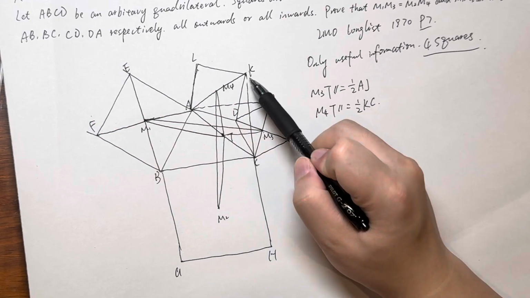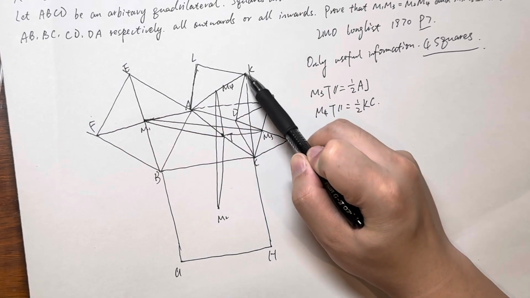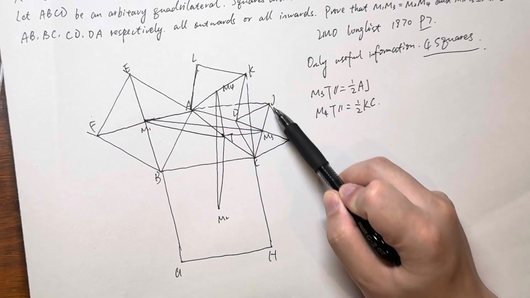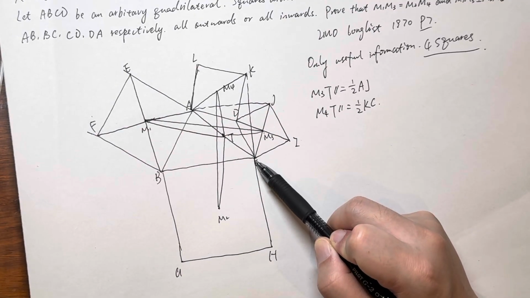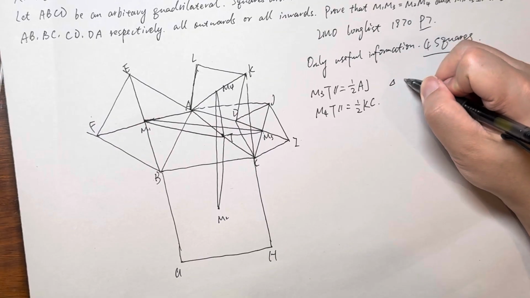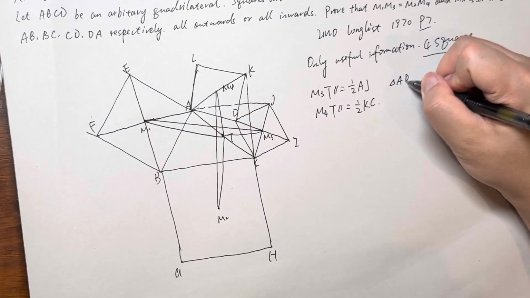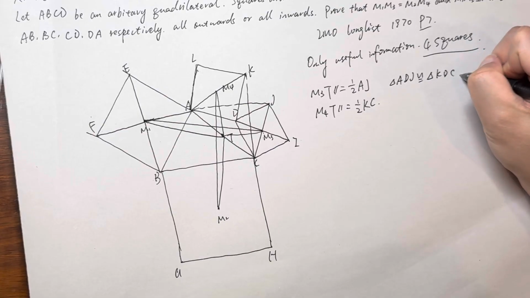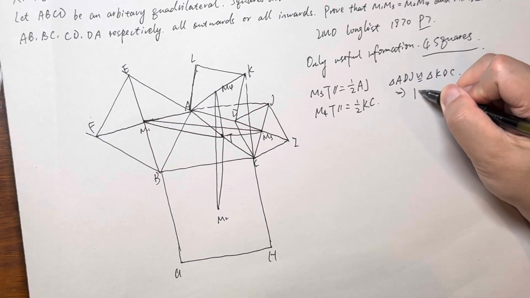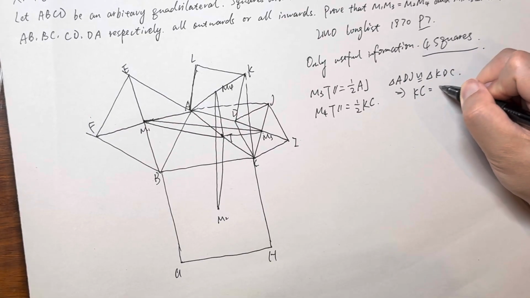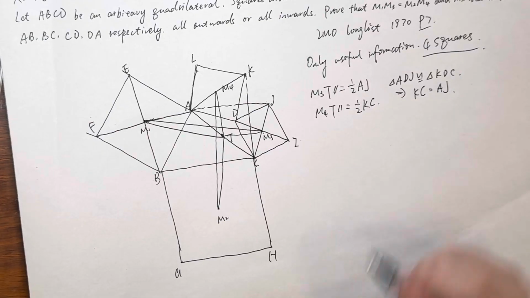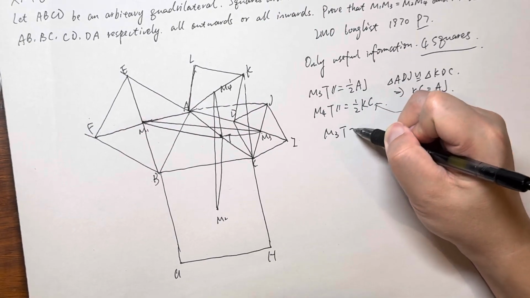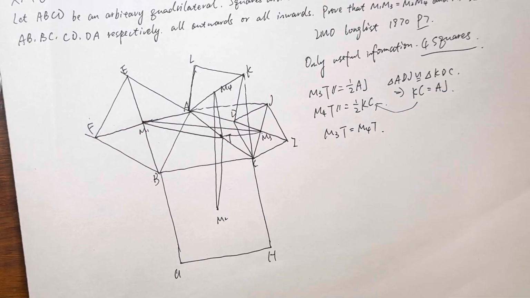We also know that AD equals KD, and JD equals DC, which means triangle ADJ is congruent to triangle KDC, which means KC equals AJ. Therefore, we get M3T equals M4T.